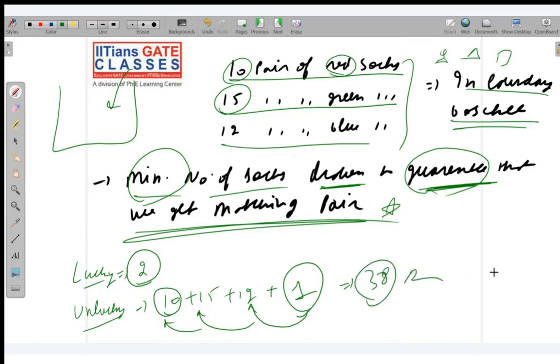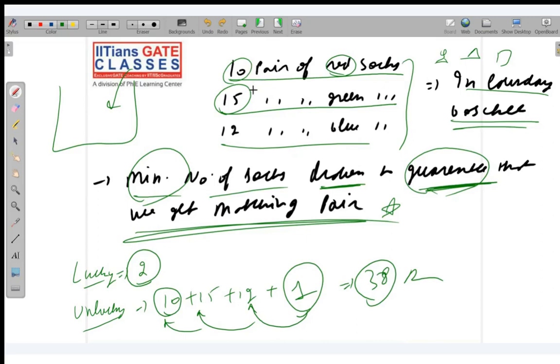Sir, if it was identical, then... If it was identical, then the problem will be a different kind of thing. Then what we will say, so we have 10 pairs of identical red socks now. So I will take only one sock from here. Because the moment I pick the second, it will be a different kind of question.